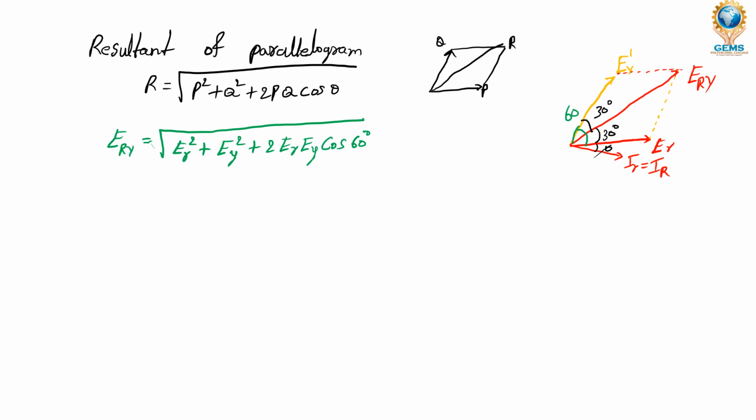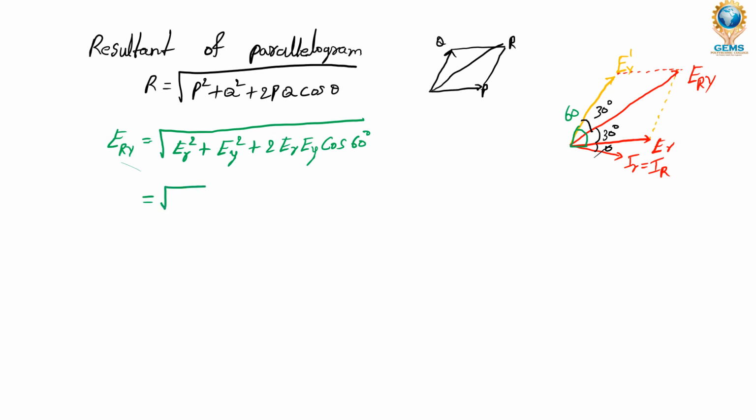Then we can write ER as phase voltage, sorry, phase voltage.